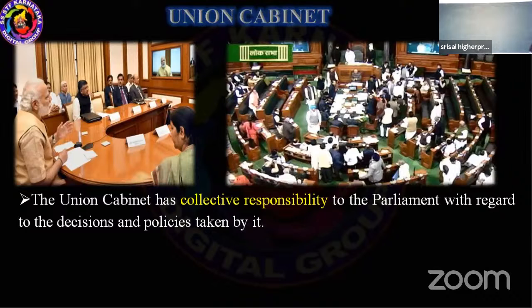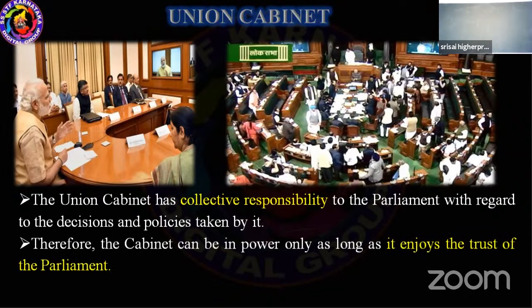Whatever questions are asked by the opposition party, all the cabinet ministers of the ruling party should be ready to answer. Therefore, the cabinet can be in power only as long as it enjoys the trust of the parliament.